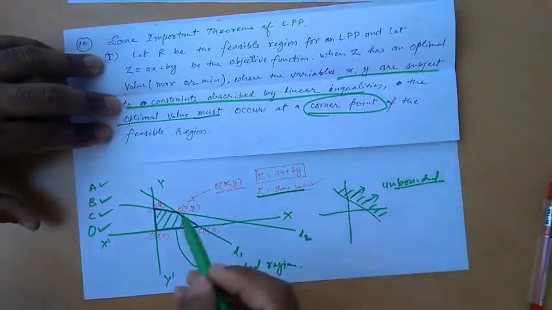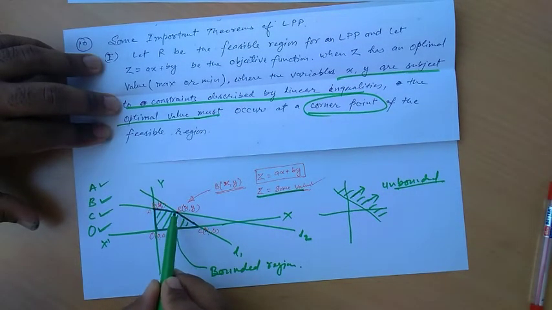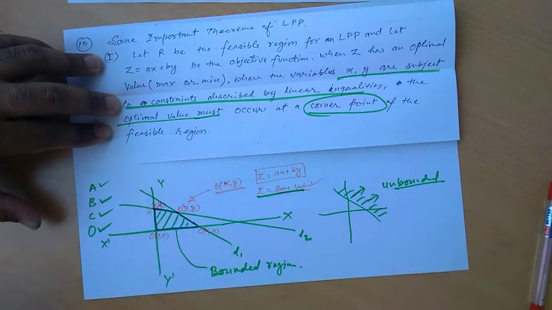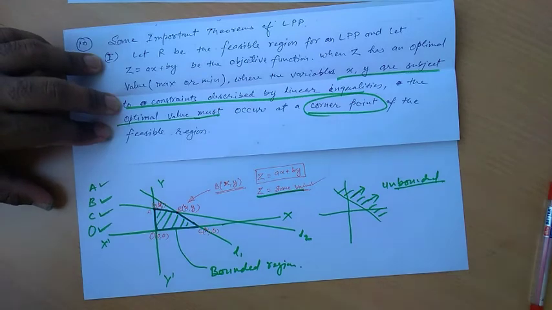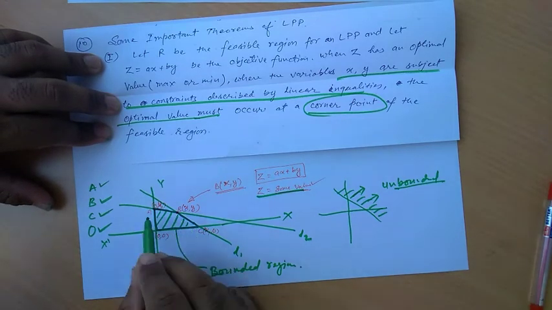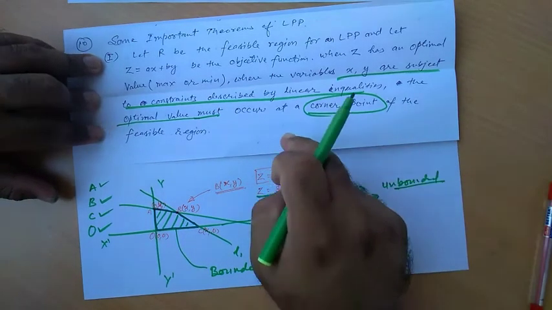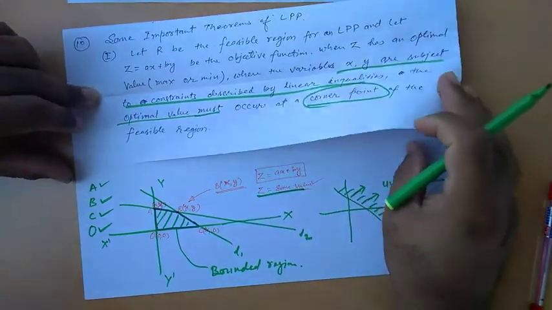That is very important. So at corner point A, B, C or O, you will get your optimal value, or your answer you will get here only. This theorem is stating that only.